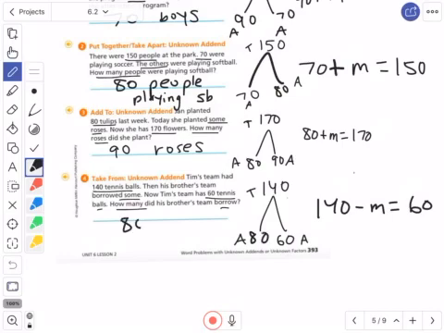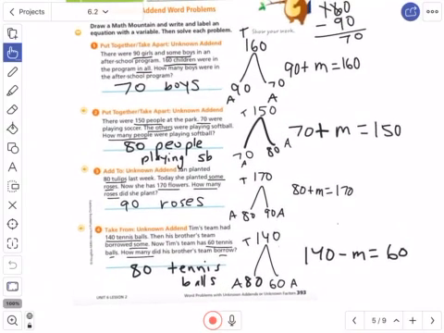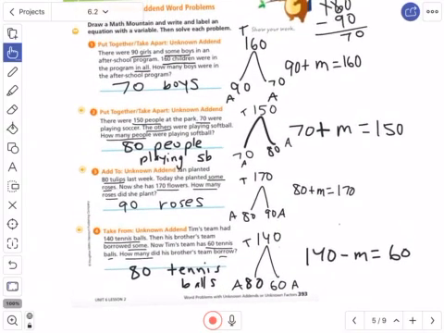How many tennis balls? 80 tennis balls. Okay, so you can just check my thinking and my work against your work, and then submit this to page 393 in Schoology.